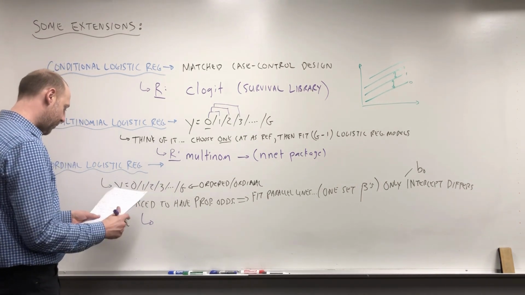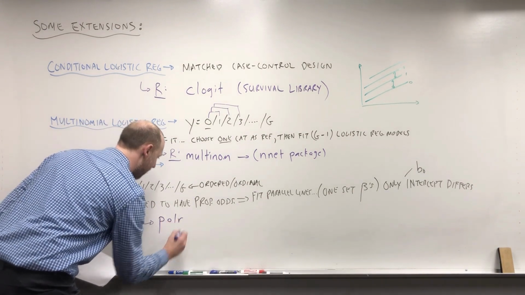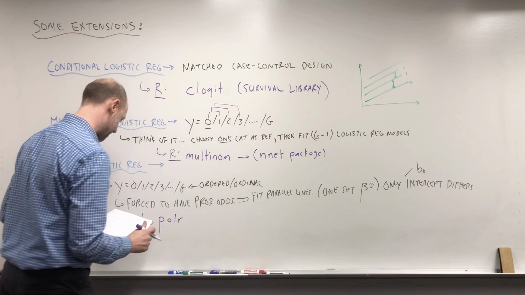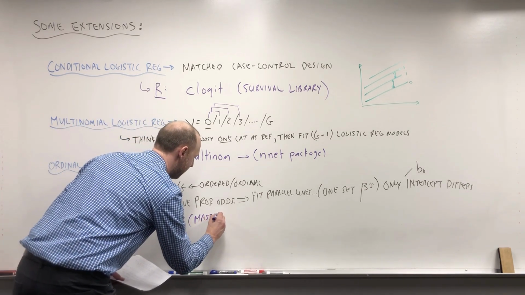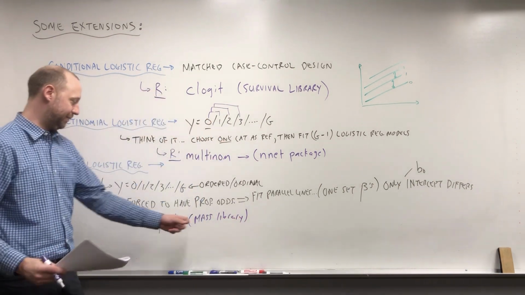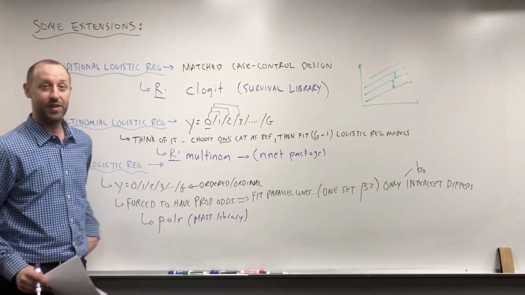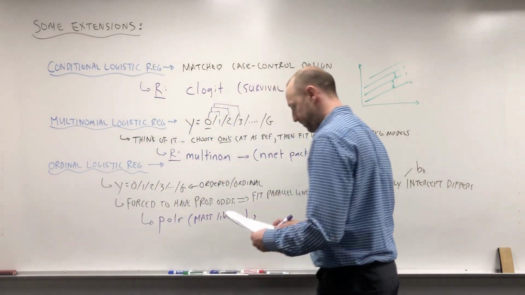There's 2 ways that I know of doing this. There's the polr command, and this is in the MASS library. This is again built into R, but you need to load the library, so you need to do library(MASS). It's all capitals.